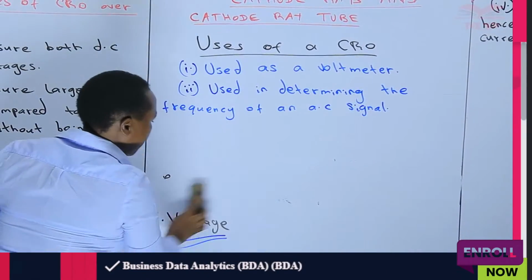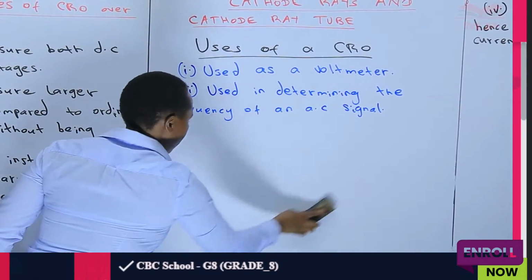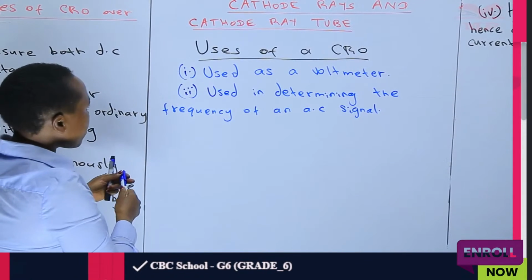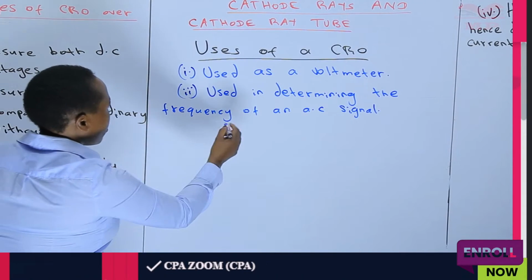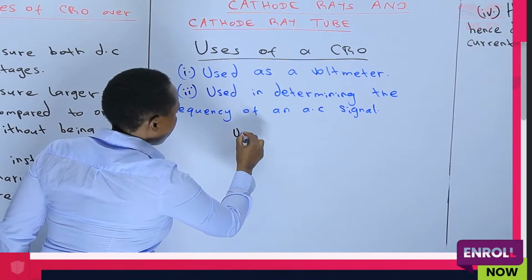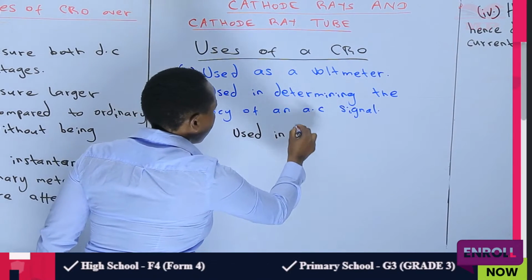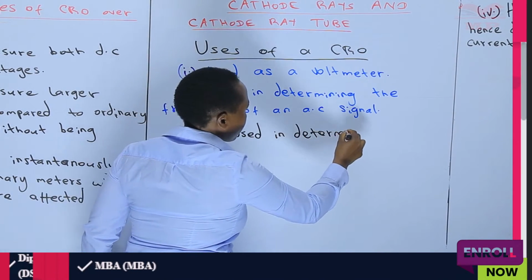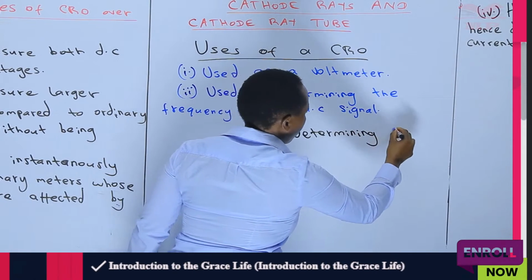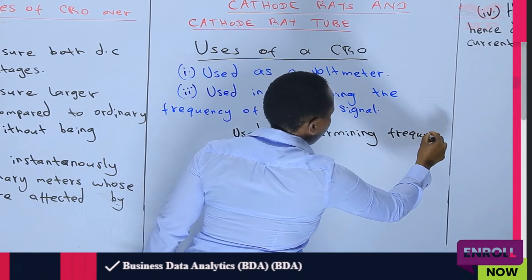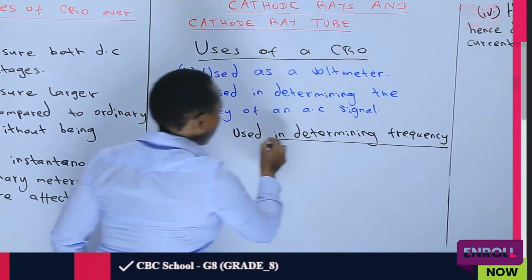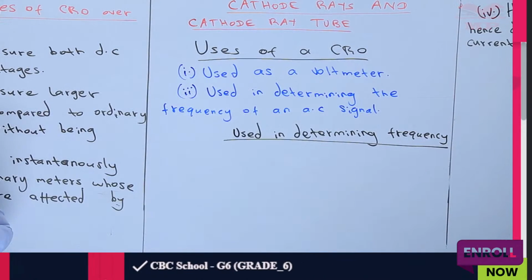So the CRO is used in determining the frequency of an alternating current signal.